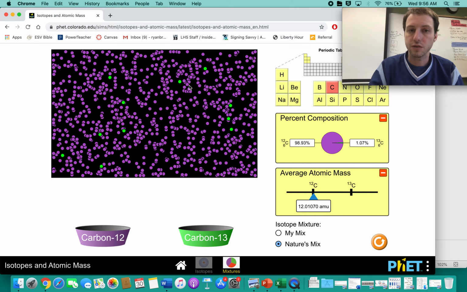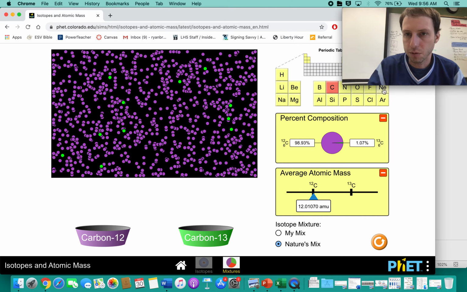There are, however, these green dots, which are carbon 13, and that's carbon with 6 protons, 7 neutrons, and there are still some of those, but not near as many. And so if I were to average them all together, considering abundance, then my average comes out to be 12.01. That's my average mass.